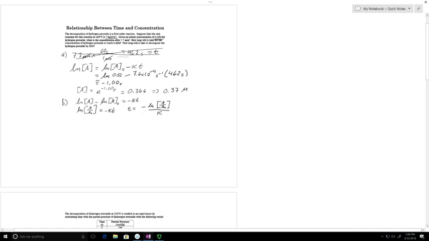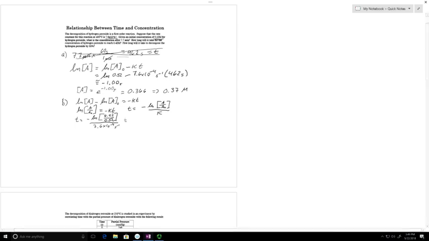So now we have our time equation, and we're simply going to plug in the information. So T is equal to negative natural log of 0.42 over 0.52, all over our K constant, which is 7.6 times 10 to the minus 4 per second, which means our time will be given in seconds.